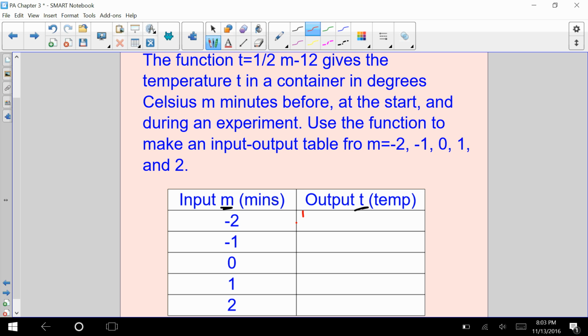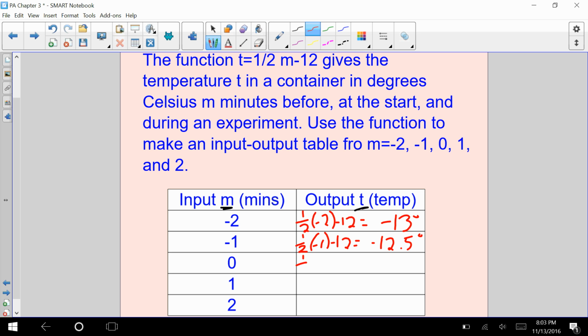To do this, I do 1/2 times -2 minus 12. It's like what we were just doing, just more problems in one. So 1/2 times -2 is -1. -1 minus 12 is -13 degrees. Now let's plug in -1. 1/2 times -1 minus 12 ends up being -1/2 minus 12, which is -12.5.